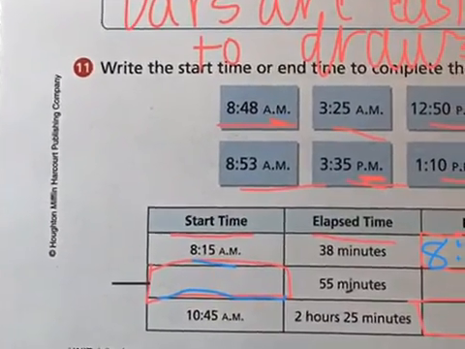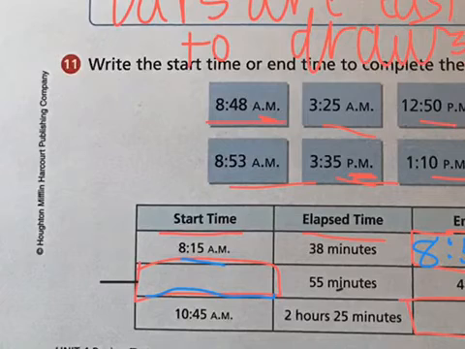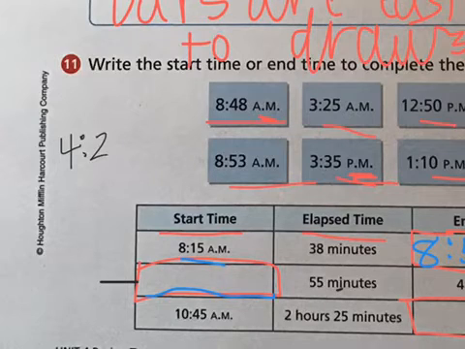Okay, this might work a little bit better. So we know the end time is 4:20. I said if we don't know the start time, we can subtract. So 4:20, take away 55 minutes.